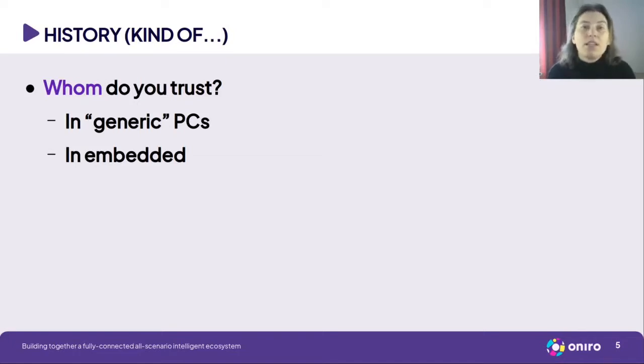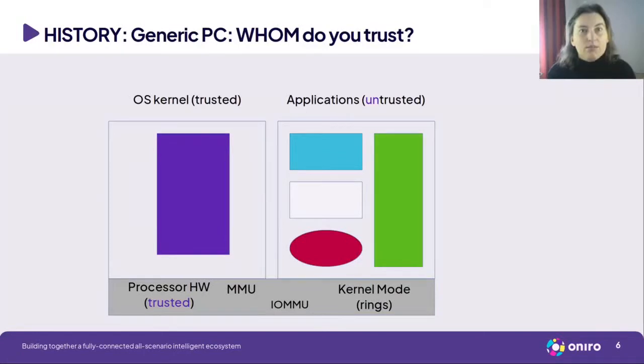So let's look at traditional platforms, like a generic PC and a traditional embedded design. Let's start from a PC. Of course, I'm simplifying here, but we have only 20 minutes for the presentation.